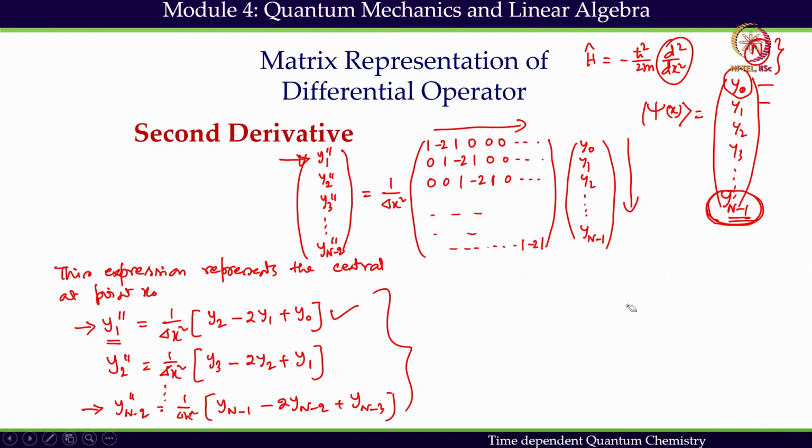So this entire set of equations one can represent in matrix form. The moment I represent it in matrix form, what I get immediately is the matrix representation of the derivative operator.